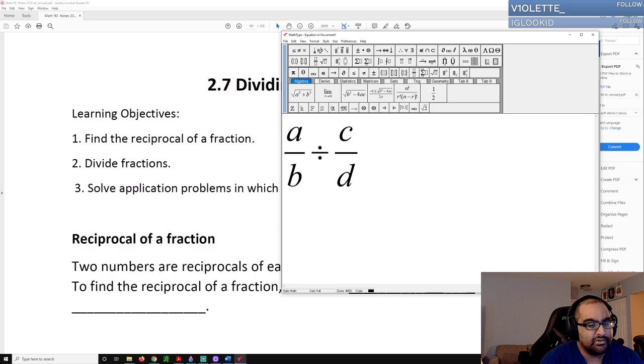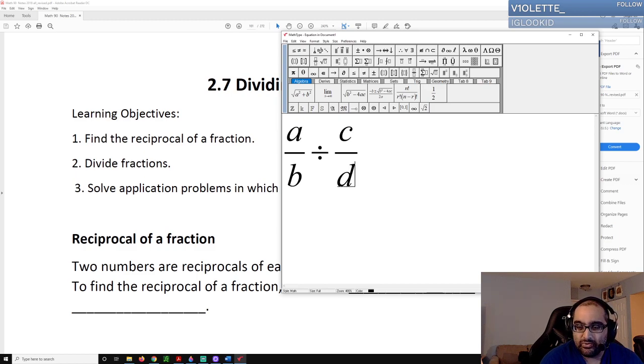You can't do a divided by c and b divided by d. If you had 1/2 divided by 3/4, it's kind of hard to divide 2 and 4, a little awkward there. 1 divided by 3 is very awkward if you go like that.